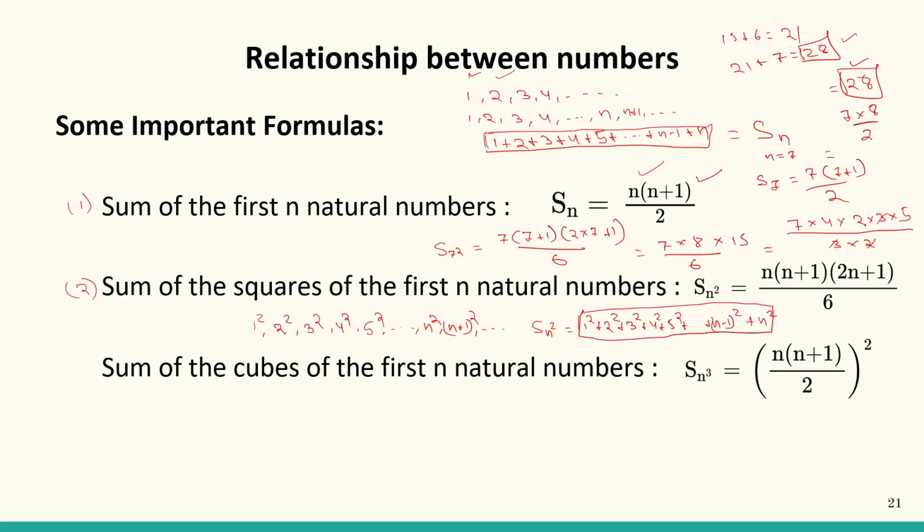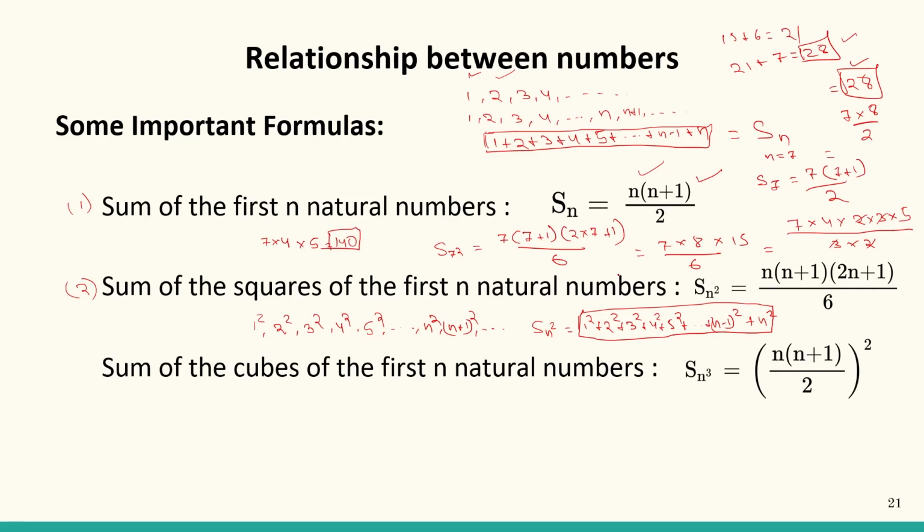So 3 into 2 are cancelled here, and what we are left with is 7 into 4 into 5. That is equal to 4 into 5 is equal to 20, into 7 is equal to 140. This is the answer.